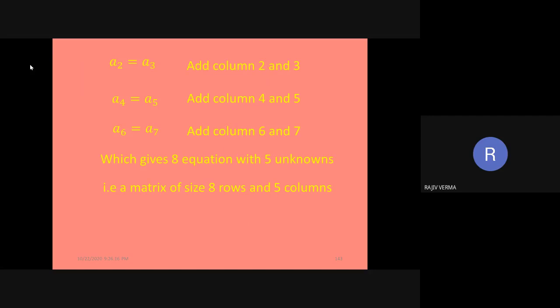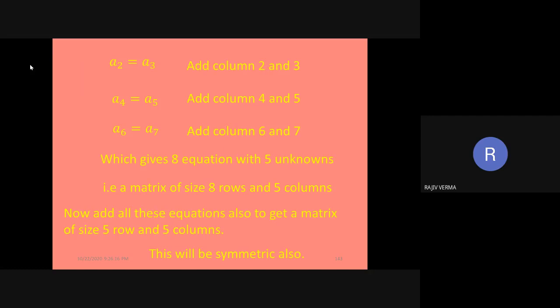Similarly, since we are adding column number 4 and 5, we are going to add row number 4 and 5 also. And similarly, rows number 6 and 7 are also going to be added up, which is going to give us 5 equations with 5 unknowns, which means a matrix of size 5 into 5 is going to be obtained. And this basically is going to be symmetrical also.